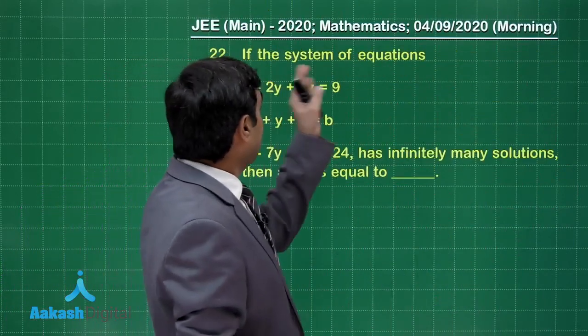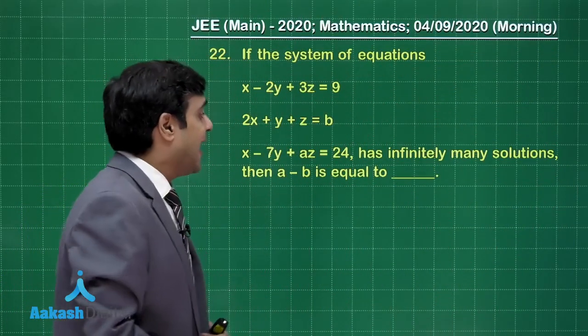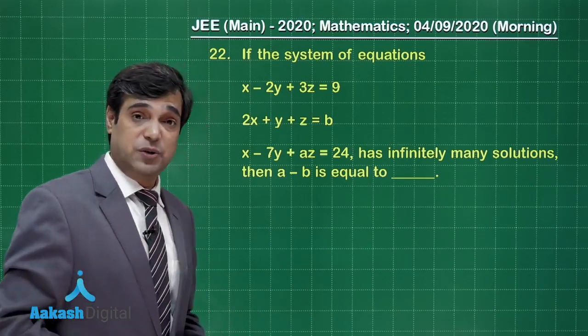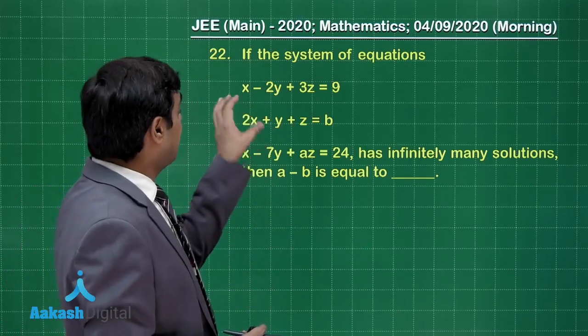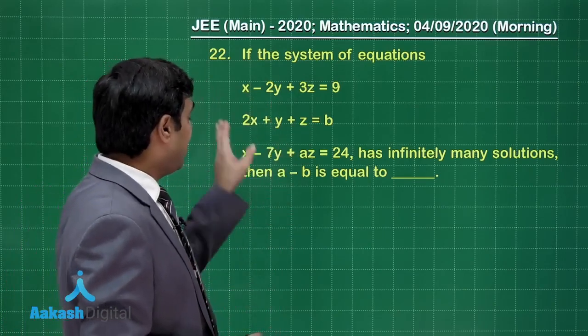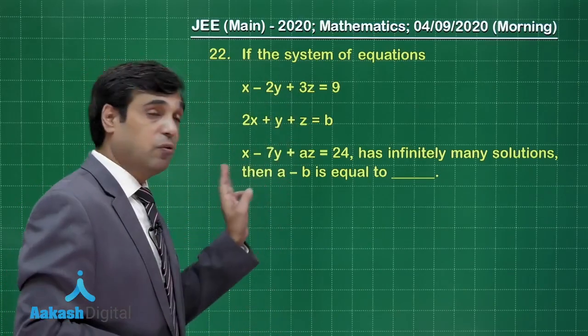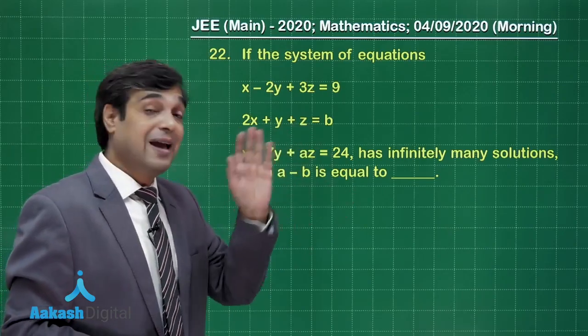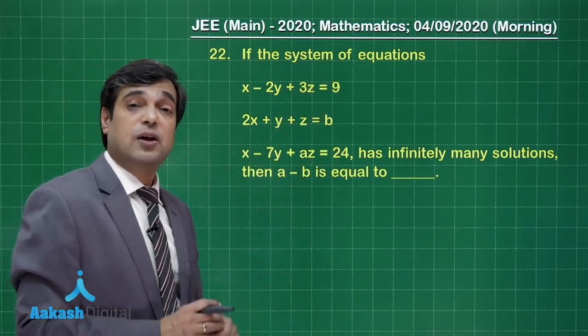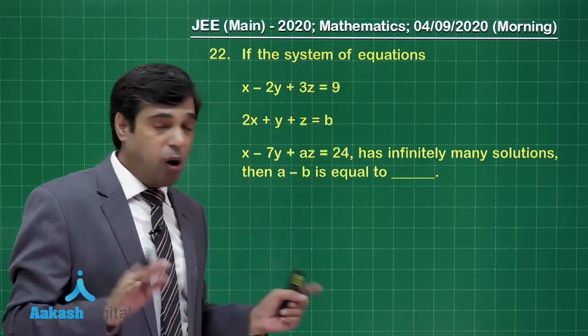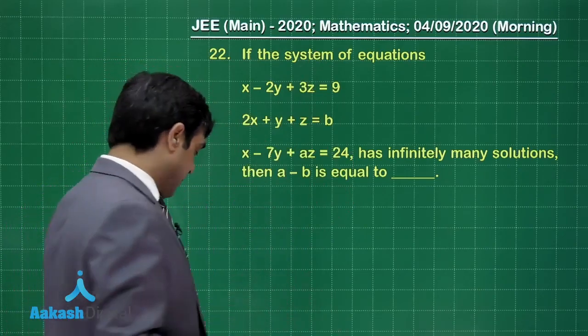It says if the system of equations has infinitely many solutions. Infinitely many solutions meaning 1. You can plan by finding the determinant formed by the coefficients equal to 0, as well as when you change column 1 by 1 with all, those should also be 0. Or you can use the concept of the augmented matrix.